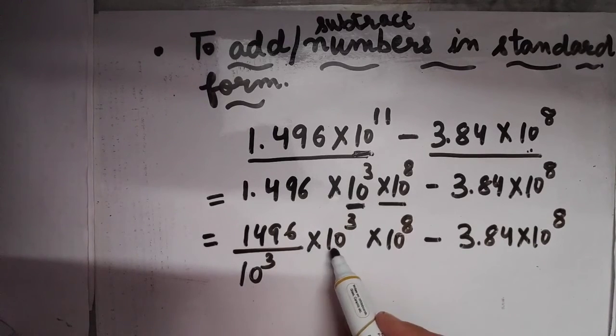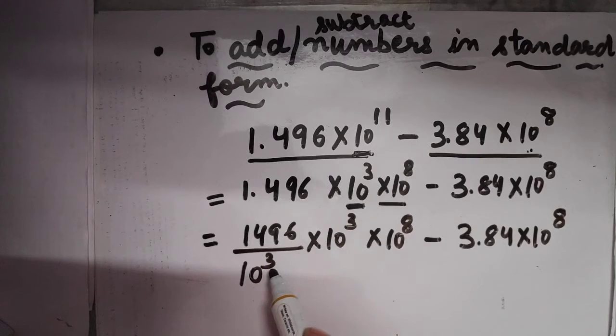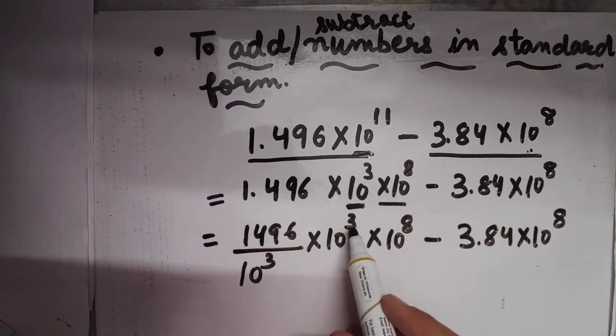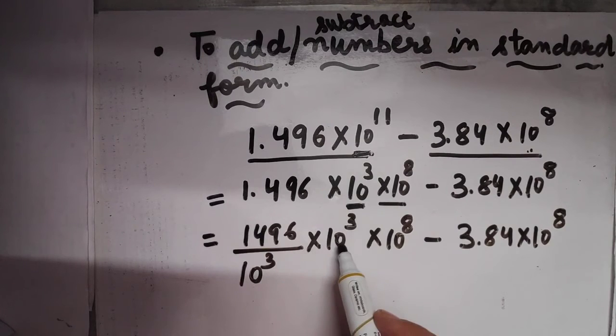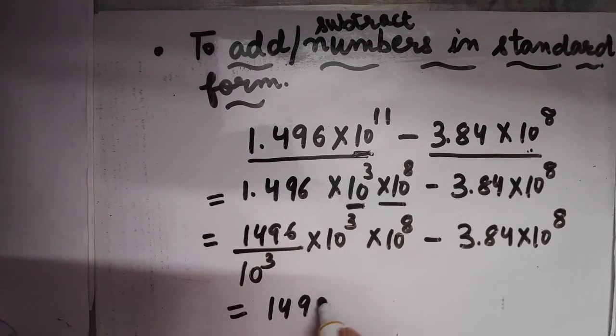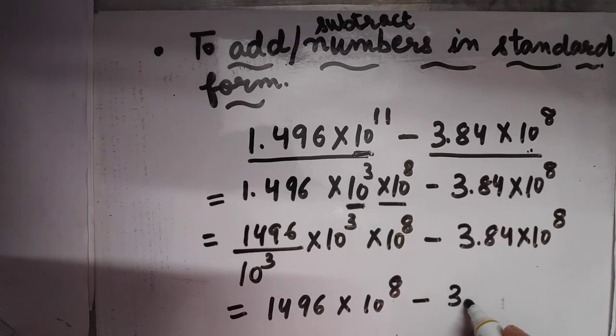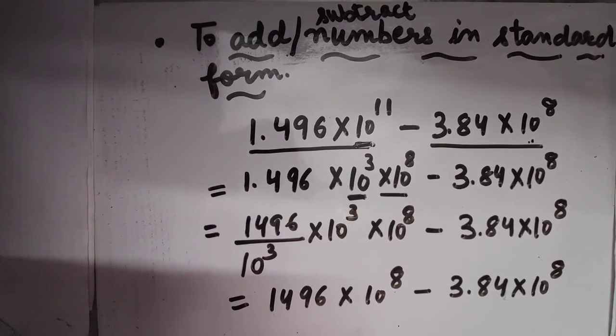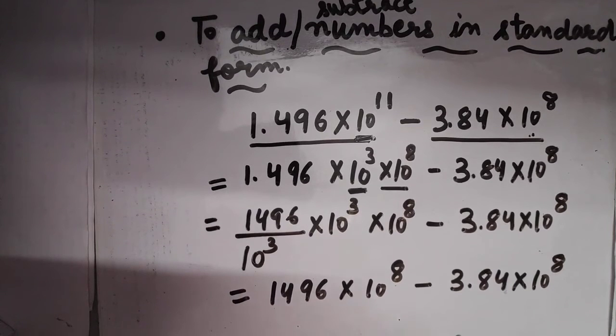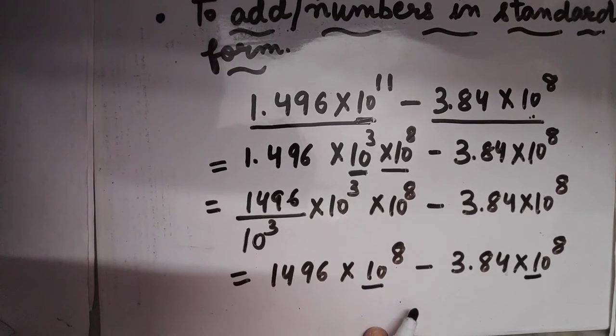Using the law of exponent, in 1.496 times 10 raised to the power 3, the decimal point moves 3 places, so it becomes 1496 into 10 raised to the power 8 minus 3.84 into 10 raised to the power 8. Now dear children, what can you find? Can you find that this 10 raised to the power 8 is common in both the numbers?